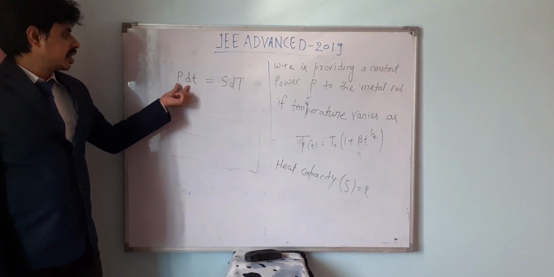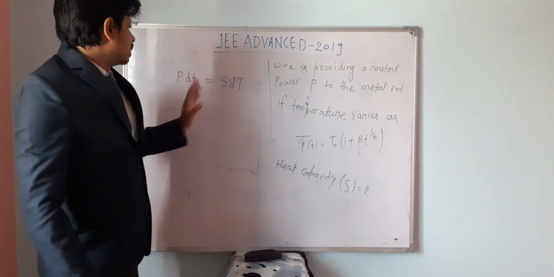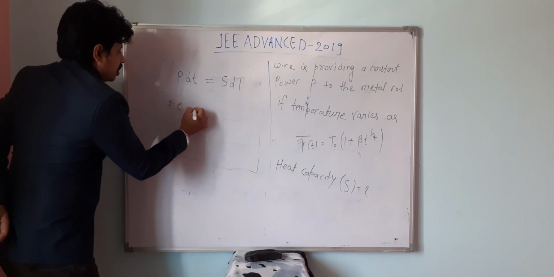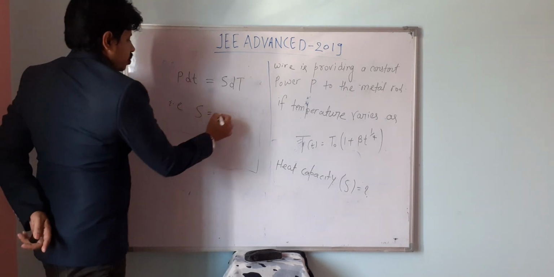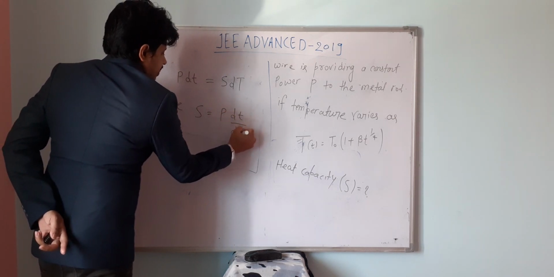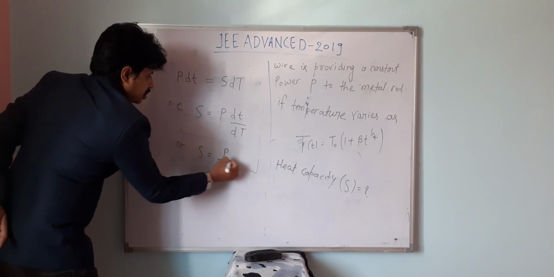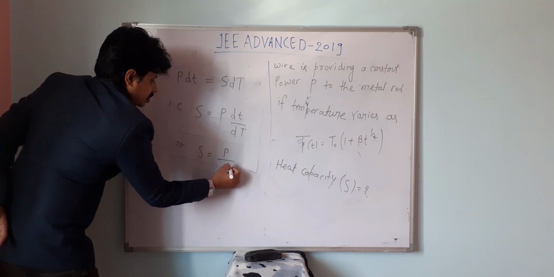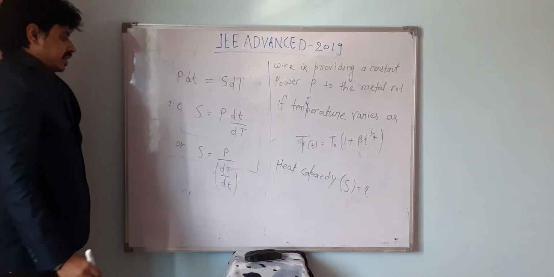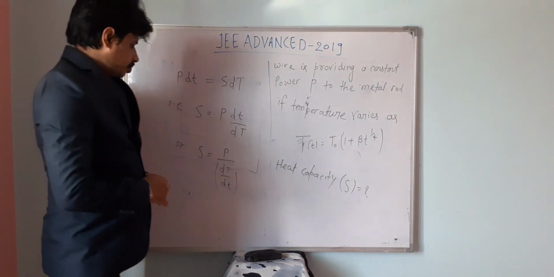So this is the heat supplied and this is the heat received. So this must be equal to this. That is, S dT must be equal to P dt, or S must be equal to P divided by dT by dt. That is the power supplied divided by the temperature gradient.